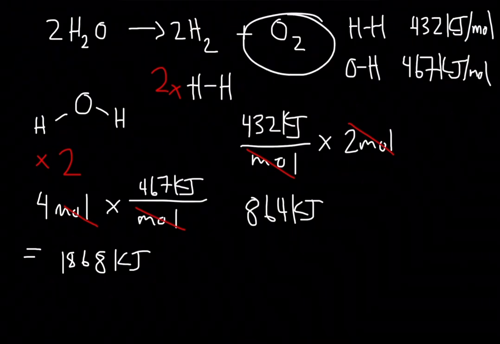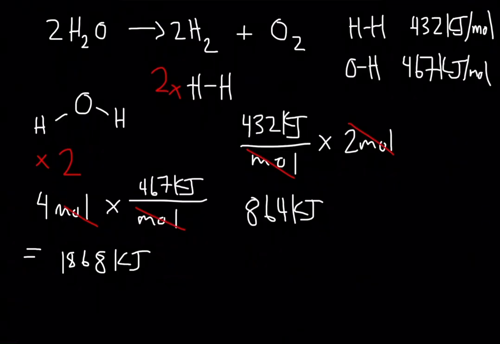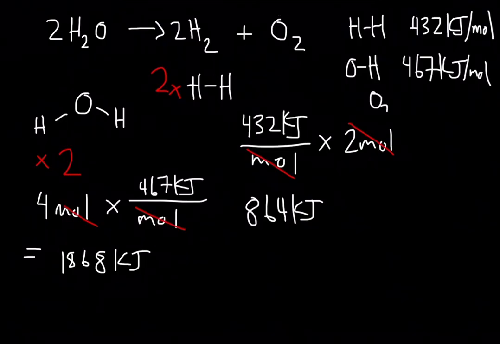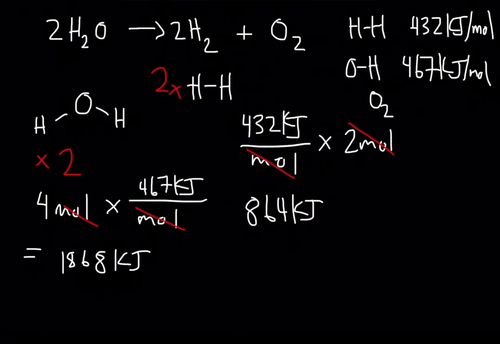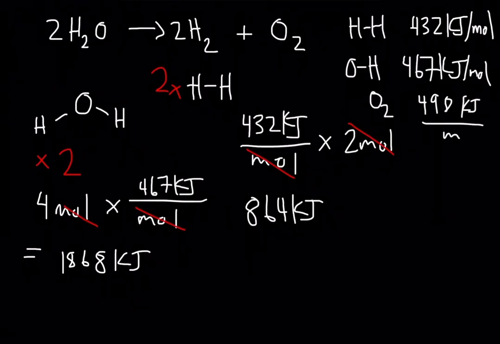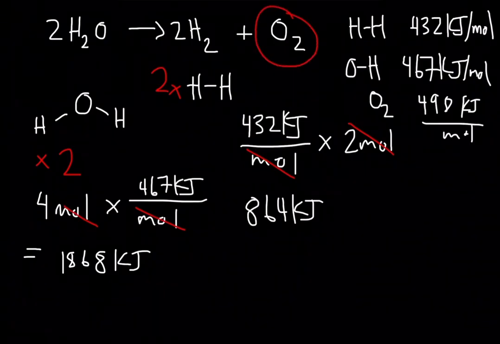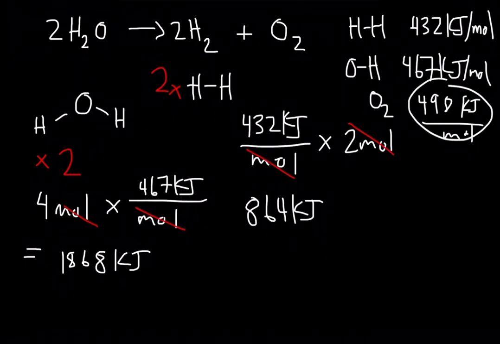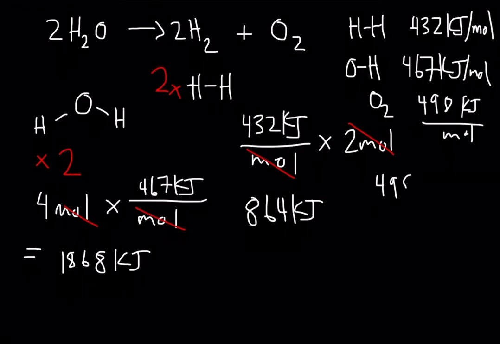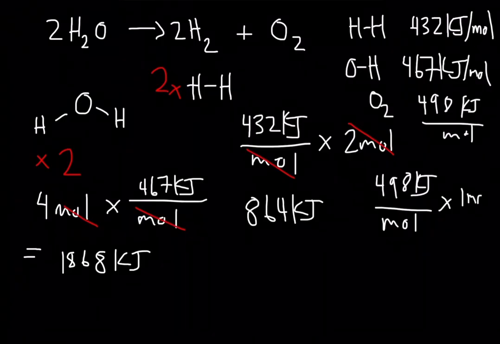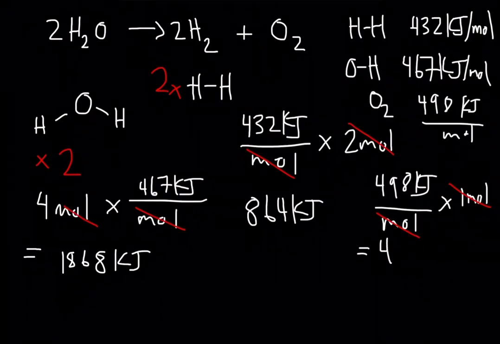We're not done yet because we need to find the bond energy for this, which I forgot to show you. For O2, the bond energy is 498 kilojoule per mole. We only have 1 mole of oxygen, so 498 kilojoule per mole times 1 mole, the mole cancels, which is just 498 kilojoule.